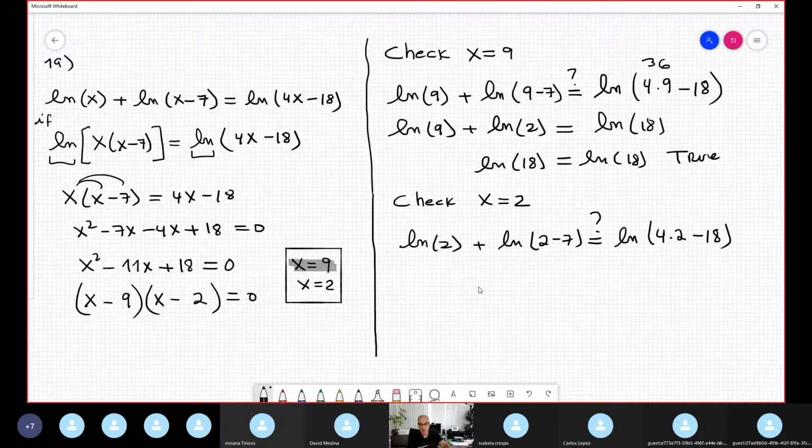It's obvious it doesn't work because automatically you see inside the argument a negative number, in this case logarithm of negative 5, and here we have another, negative 10. Immediately you see this is completely out of the domain. This is an error, a mistake, undefined. Therefore, the solution 2 is wrong, and the only solution this equation can have is 9.